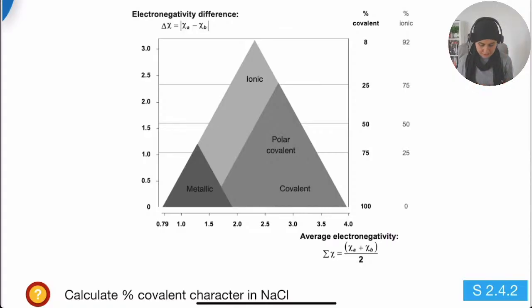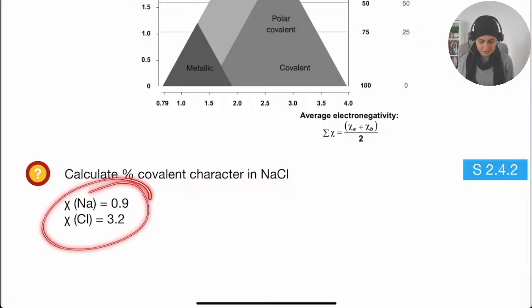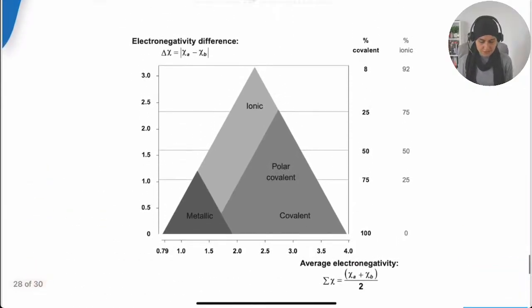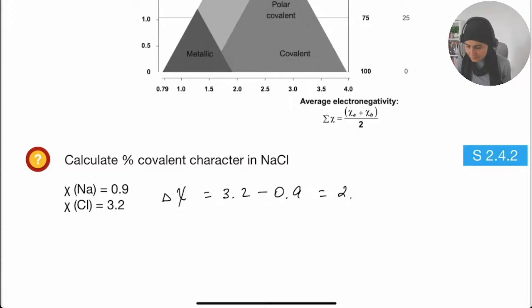For example, let's find the covalent character in NaCl. These electronegativity values are from the data booklet, so they would give you them. To use this triangle, I need to find the electronegativity difference. So the electronegativity difference would be 3.2 minus 0.9, which is 2.3, right? According to my very powerful mental math, yes. And the average electronegativity, for some reason it's written as a sum, I will use the same symbol, is the sum over 2.